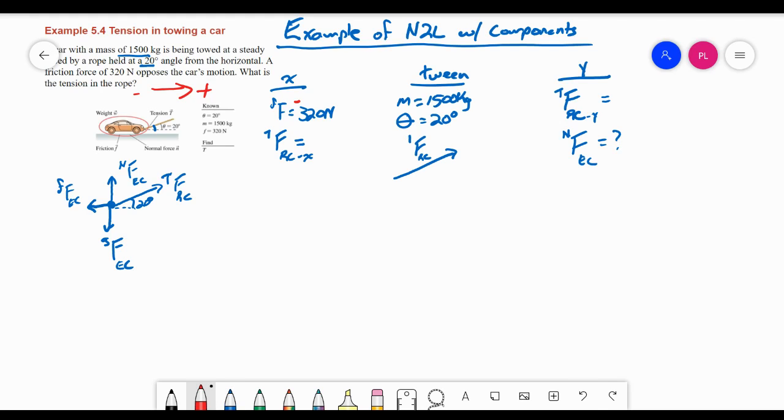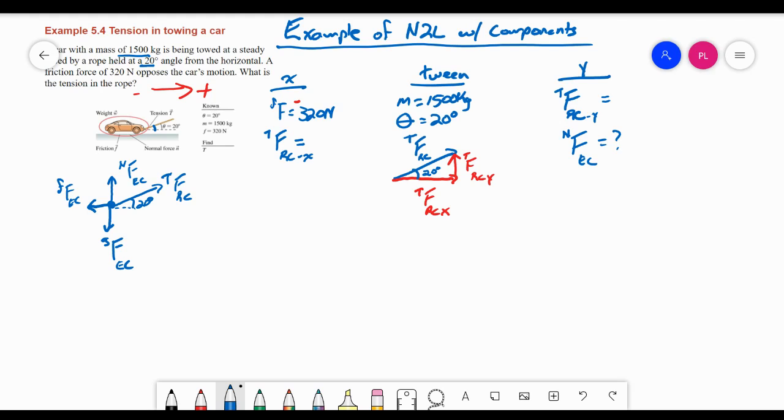Then I can say there is this force of tension, rope on the car, x component, and this force of tension, rope on the car, y component. So those components of forces all exist. We know that angle is 20 degrees.